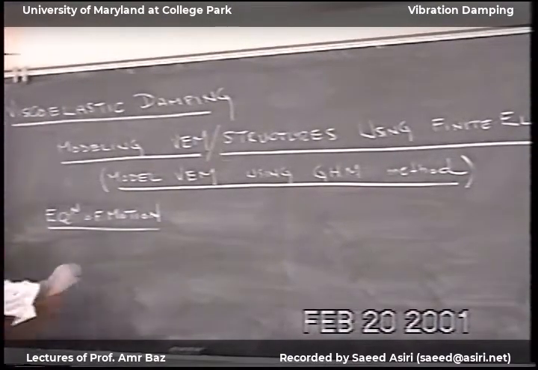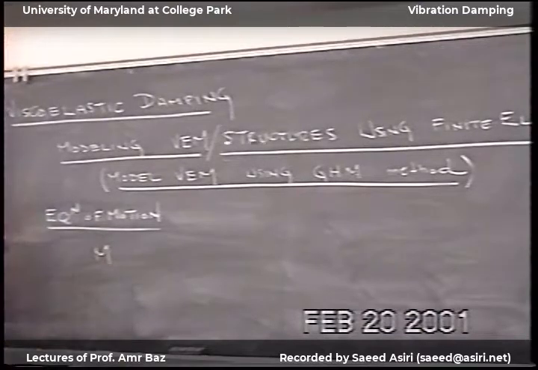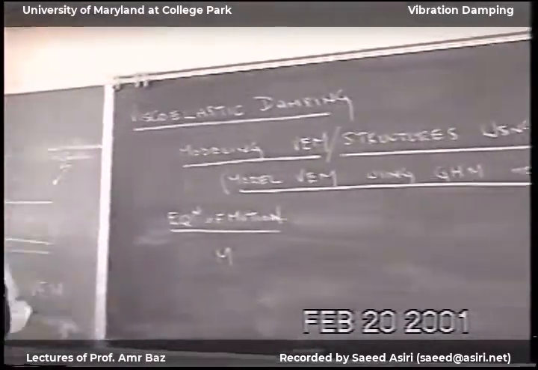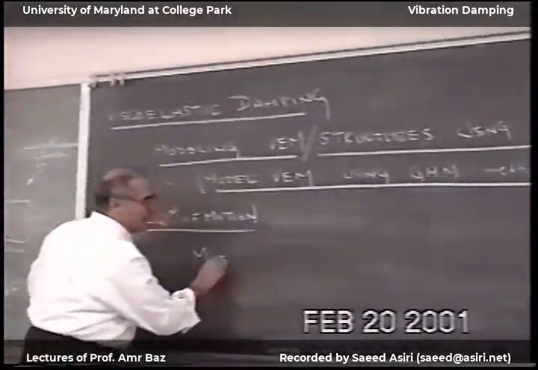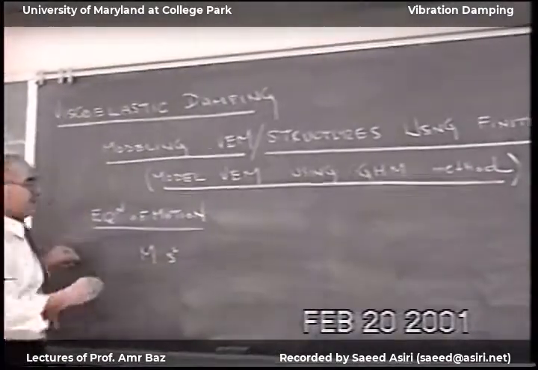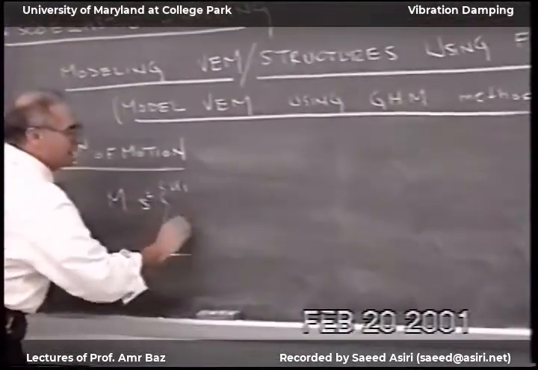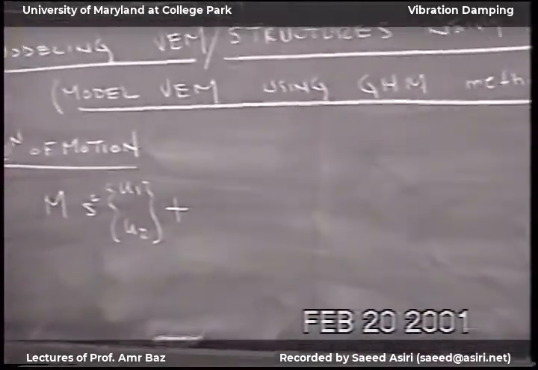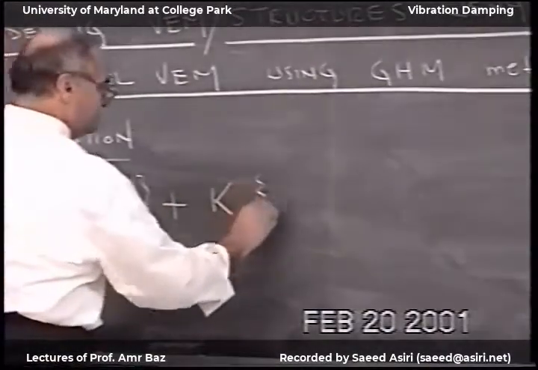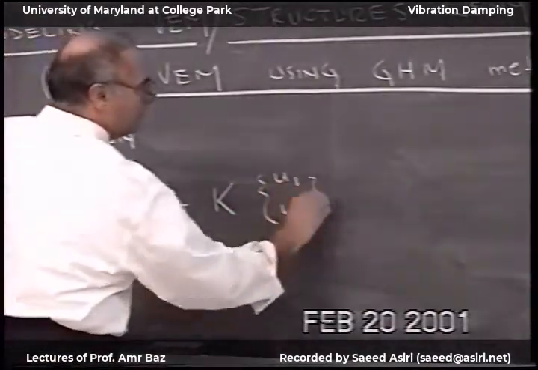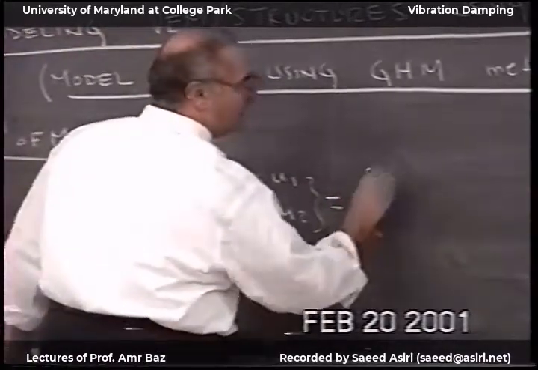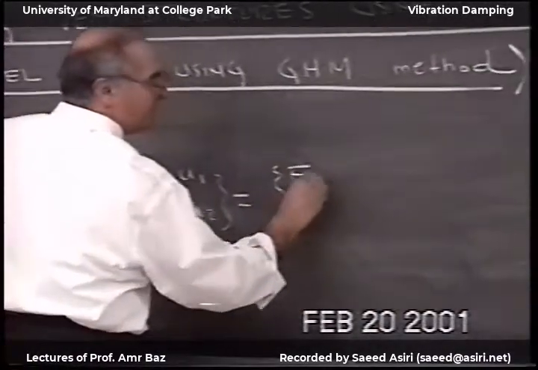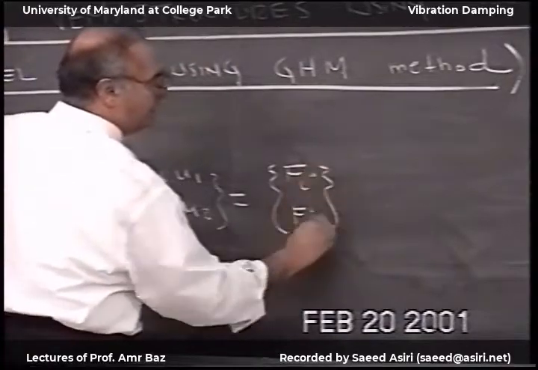So it will be M. And then now my vector for the nodal deflection is ui and uj, which will be in the Laplace domain s squared u1 u2 plus the stiffness matrix u1 u2, and then this will equal to the force at I, force at J.